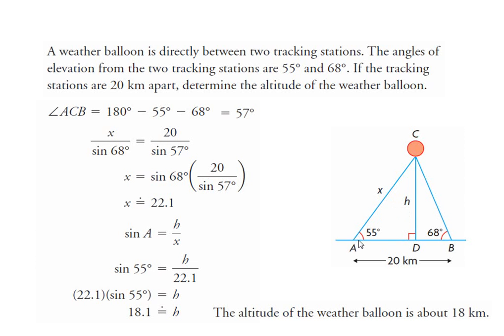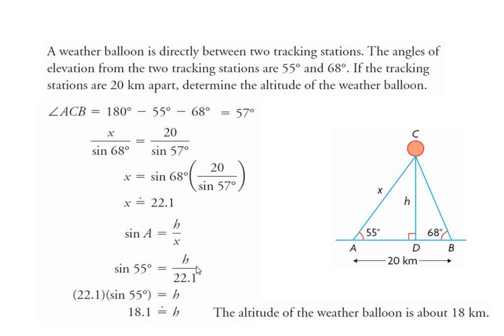Okay, so sine of angle A is equal to h over x. Because the x we have already known, x is 22.1, and the angle we also know, so it is sine 55 degrees. Okay, only h is not known yet.